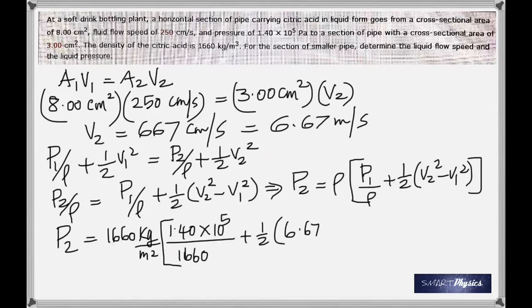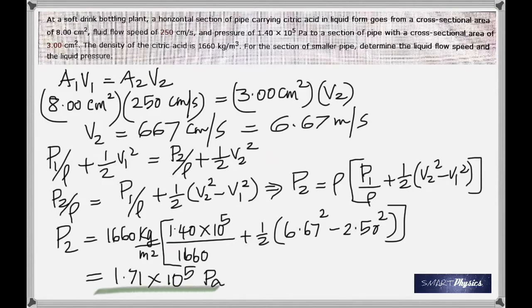We calculated the velocity to be 6.67. So square that minus 2.50 squared. That gives 1.71 times 10 to the 5 pascals.